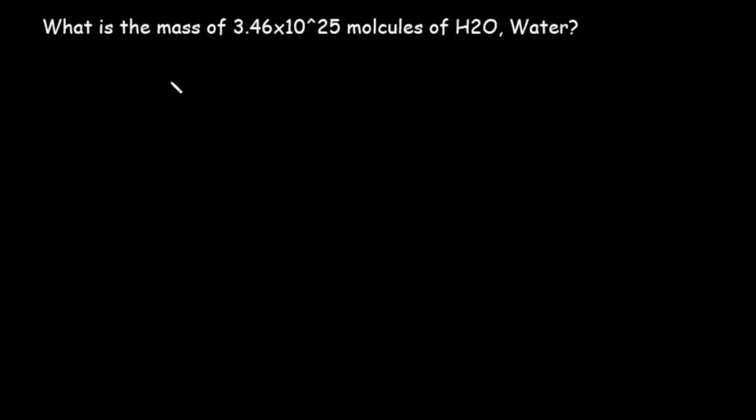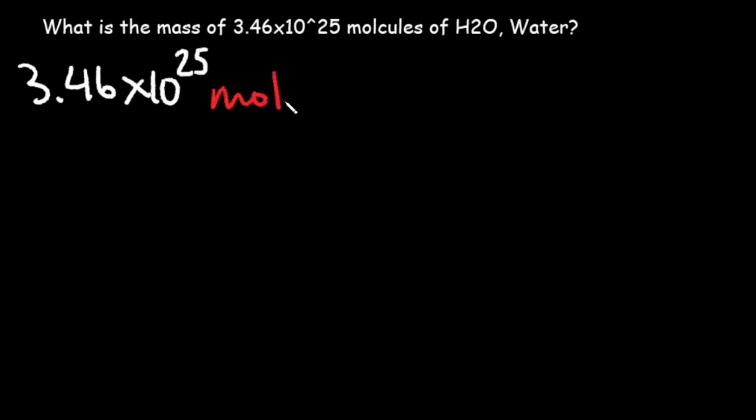What is the mass of 3.46 times 10 to the 25th molecules of water, or H2O? So let's start with writing out how many molecules of H2O we have. So 3.46 times 10 to the 25 molecules of water.